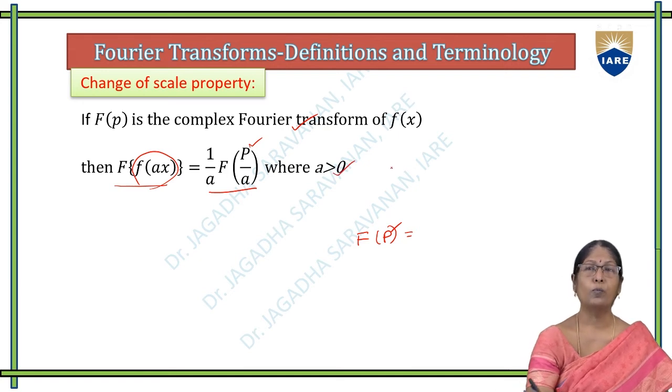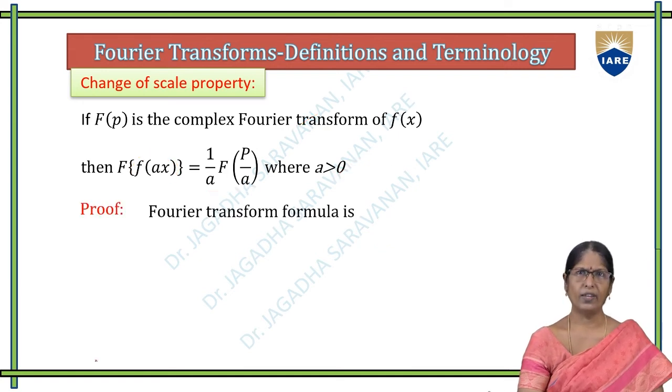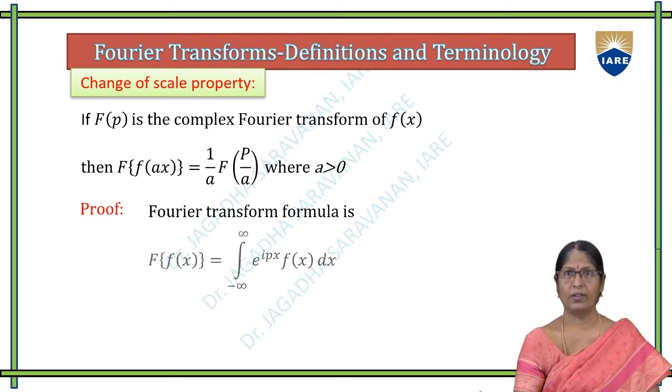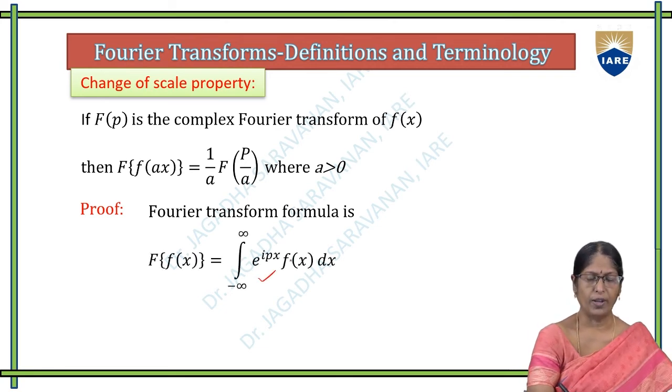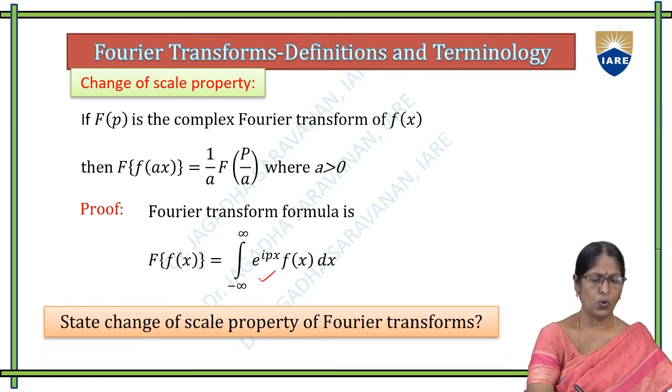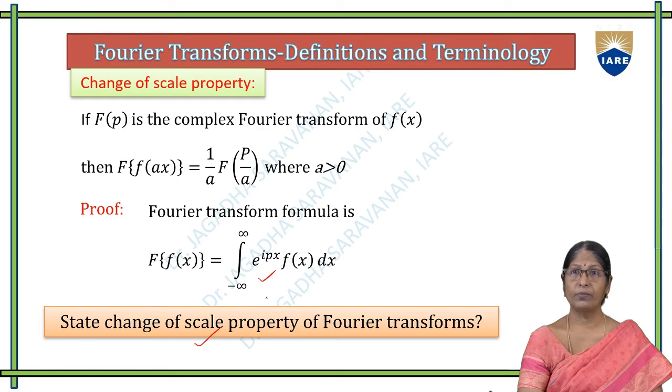Here a is positive. We can see this from our Fourier transform formula, the main formula we have defined. This is the formula for our Fourier transform. So what question can we expect from this?